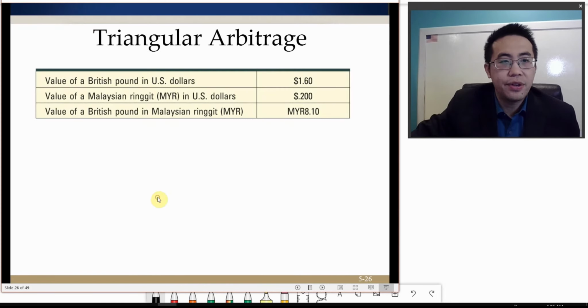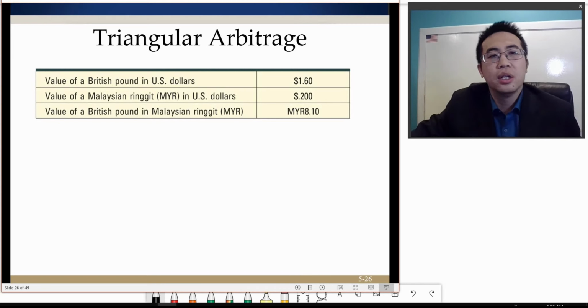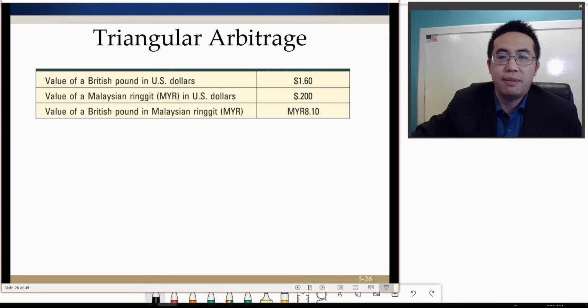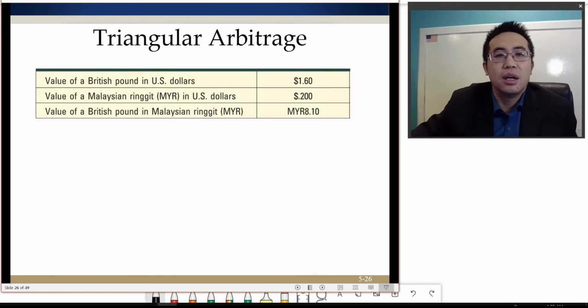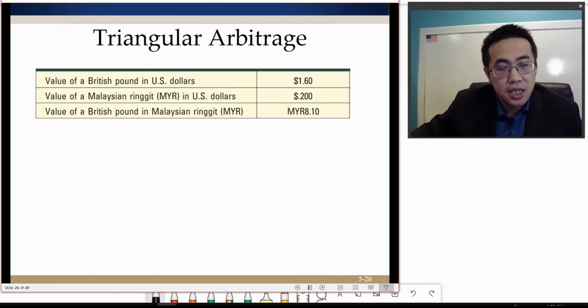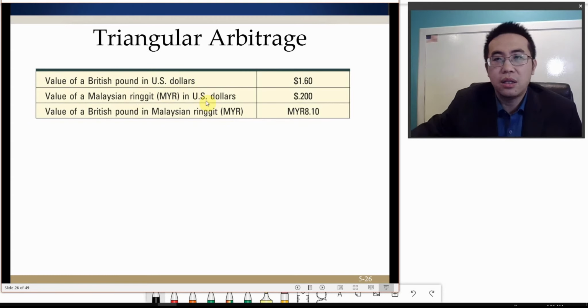Okay, so after locational arbitrage, let's talk about triangular arbitrage. Triangular arbitrage, from the name, you see that it involves three currencies, and each currency is at a different tip of a triangle. Right here, we have the US dollar, of course, as one currency, and the British pound and Malaysian ringgit as the other two currencies.